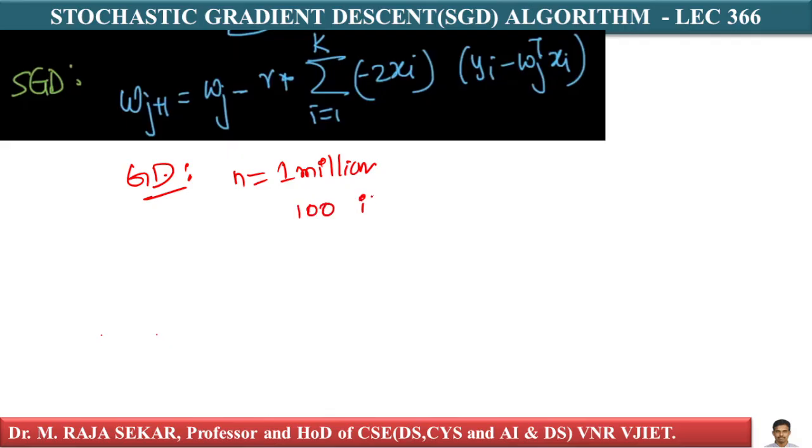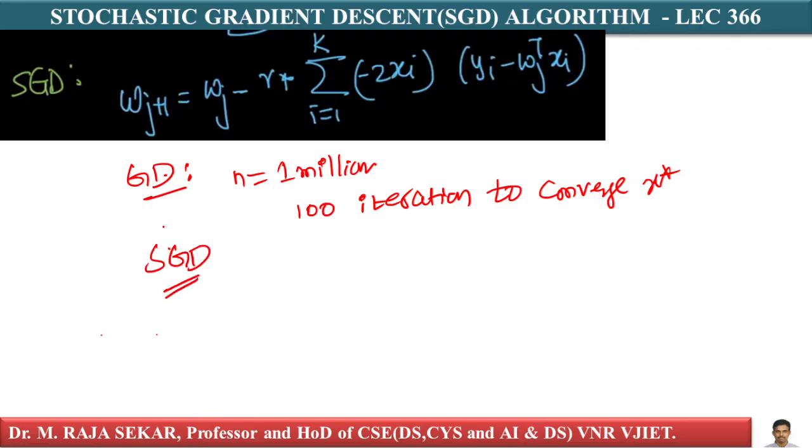You need 100 iterations to converge to X star. Suppose I need to obtain X star using stochastic gradient descent, SGD.